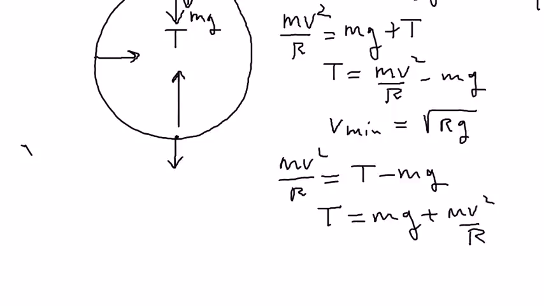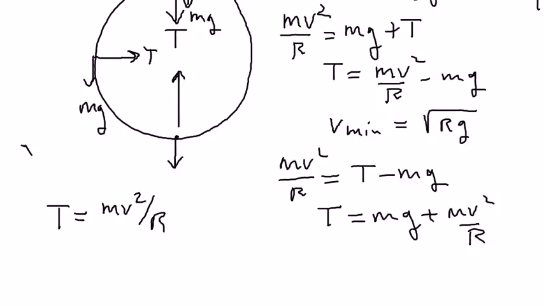What's going on at what I would call 9 o'clock? Well, there's an inward directed tension, and the mg force is straight down. So in this case, the tension is strictly equal to mv squared over r. And that mg force in some ways really doesn't contribute anything to the tension.